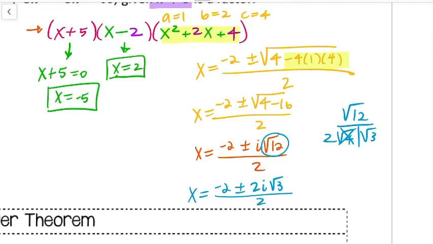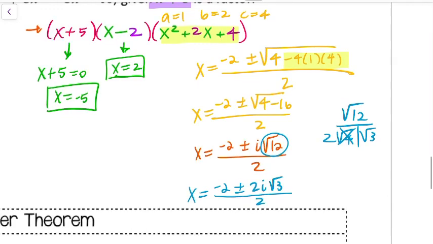But of course we're still not done because out of all 3 of these terms, we can take out a 2. So that becomes a negative 1. This just becomes an i root 3, and your denominator just becomes 1, so we don't even need to bother to write it. So our final answers are negative 5, positive 2, and negative 1 plus or minus i root 3.